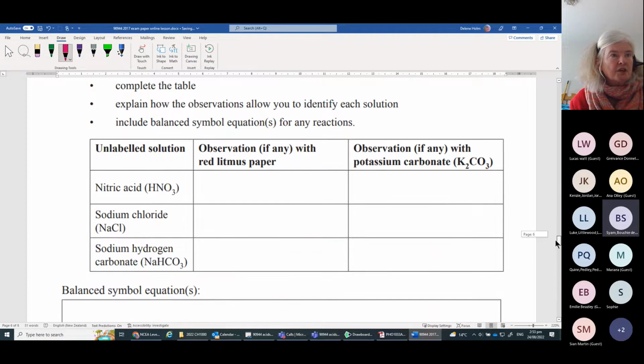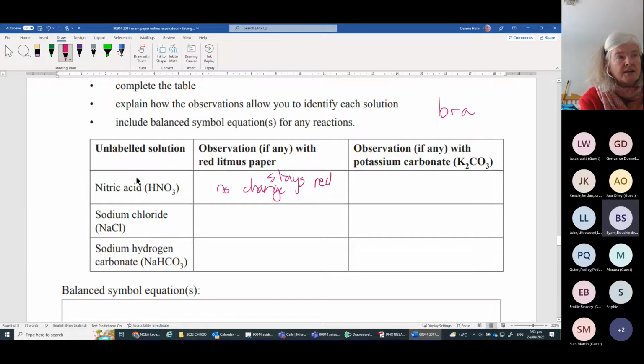So basically what we're going to do with red litmus, remember, there are lots of mnemonics you can remember. Blue to red is acid, or there are lots of different ways you can remember this. So with red litmus, there's going to be no change, or you could say stays red, for both of those.